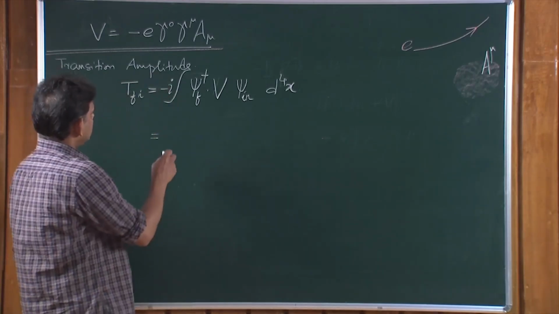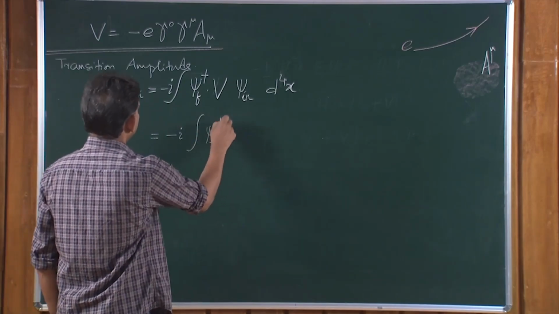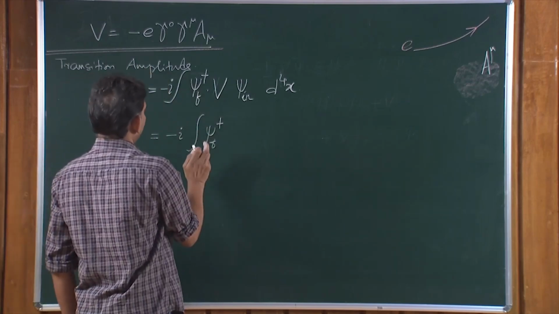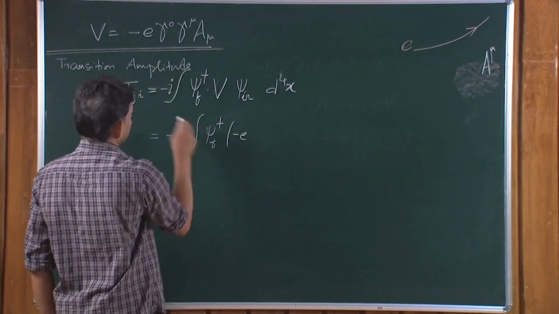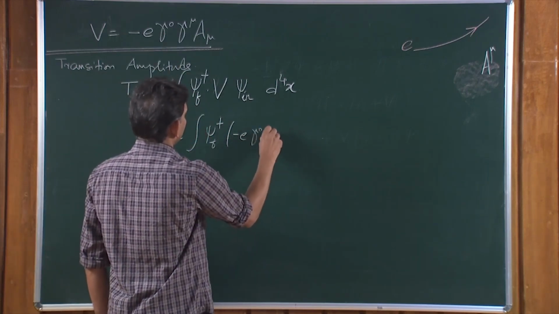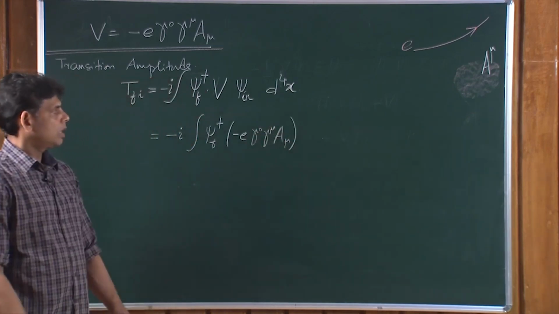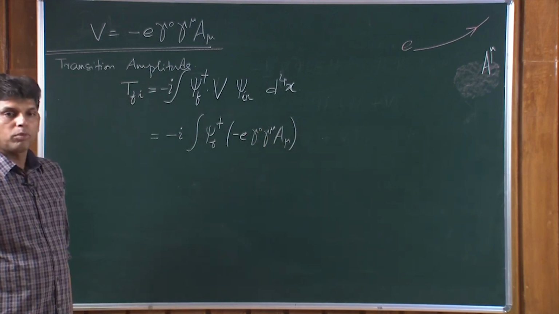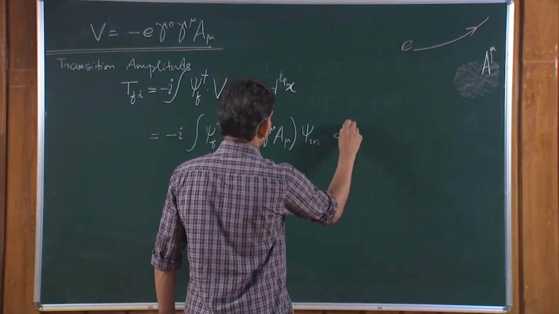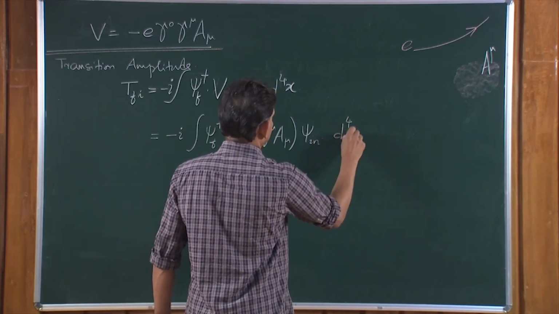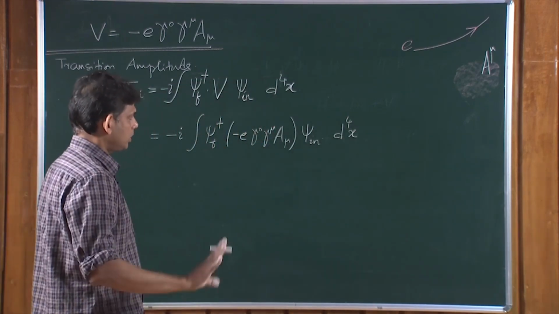So, now this minus I integral psi f dagger representing the electron which is going out, and then the potential is minus E gamma 0 gamma mu A mu. This is summed over gamma mu dot A mu, that is how it is, and psi in, integrated over the 4 dimensional space time volume.